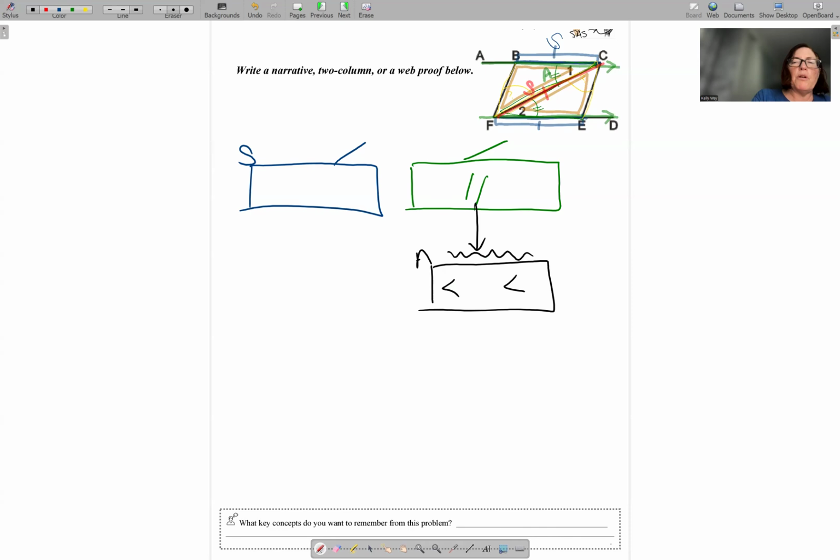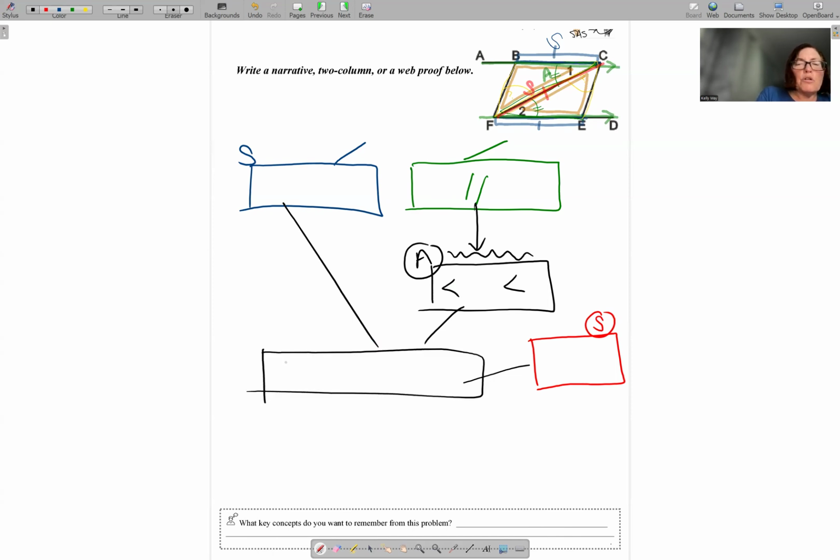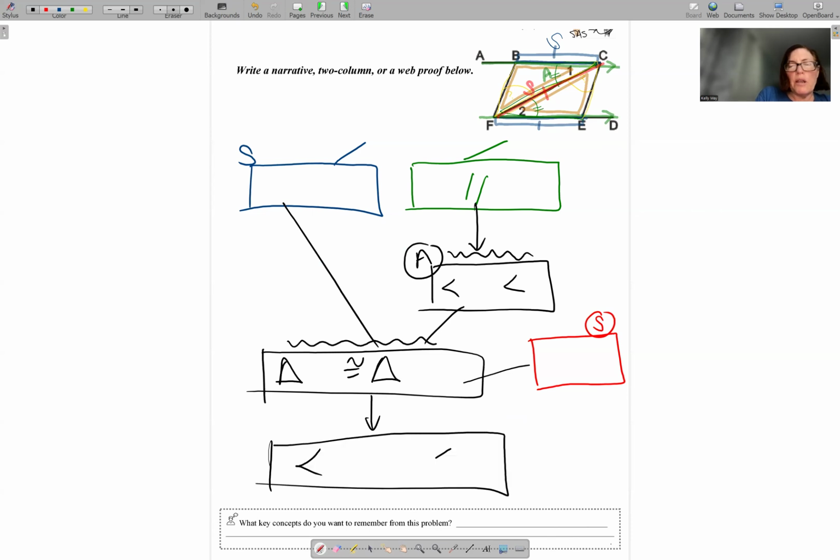So there would be your angles. You would have to talk about the reflexive side down the middle. All three pieces of information give you triangles congruent, and you have to name them and explain why that's true. And then you must have parts congruent, the angles, and you must explain why. So that's what a web might look like.